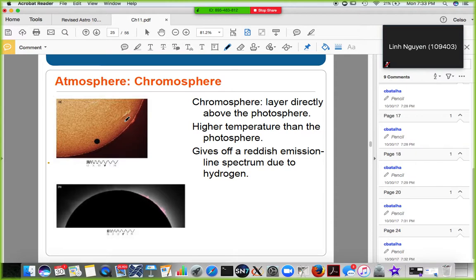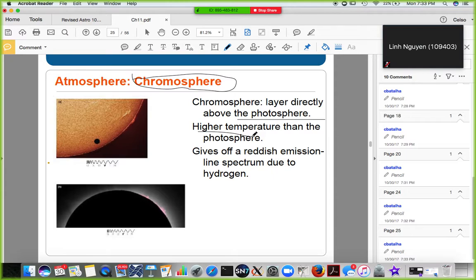Now, the region above the photosphere is called chromosphere. So it's the layer above the photosphere. The temperature is funny to say that it's higher, but most of the transitions we observe in the chromosphere are produced in a gas that is at a temperature slightly higher than the photosphere.